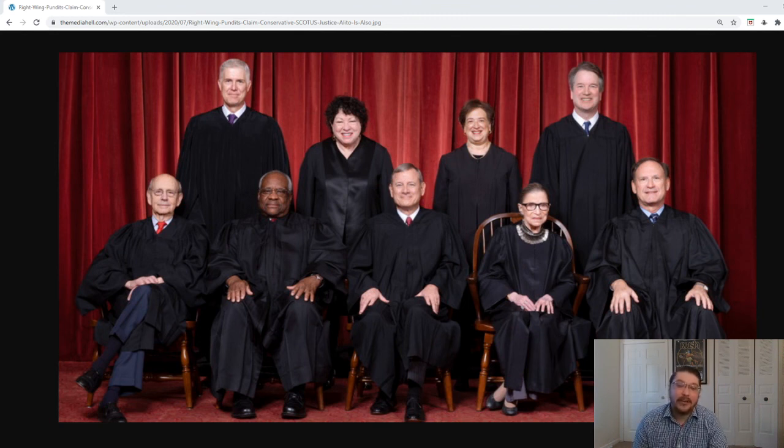But the more you read various opinions, honestly, the more you get to realize that certain justices have certain idiosyncrasies. Thomas, some of his opinions are very good reads.